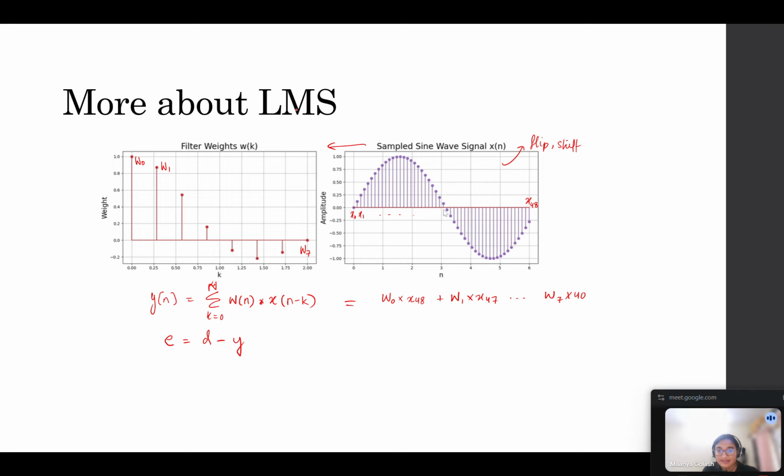The LMS is a least mean square method, which means that we calculate e square, which is d minus y whole square, and now we can represent y as w into x, which represents a sliding window or another representation of convolution.